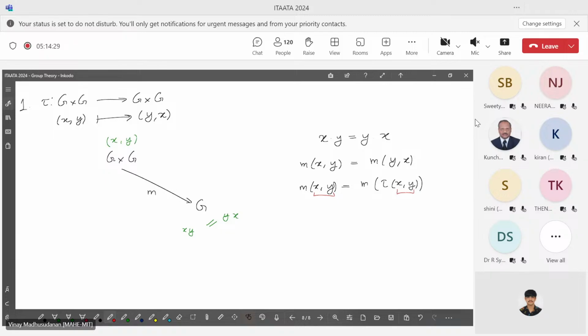So when the starting gives the same element from one set, this is m after tau. So what should that set be? Tau is G cross G to G cross G.